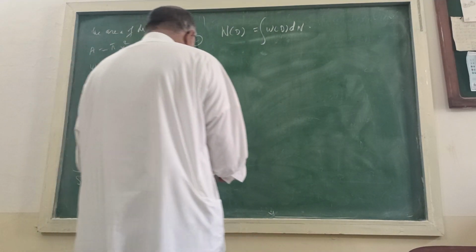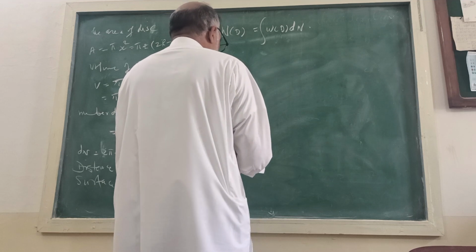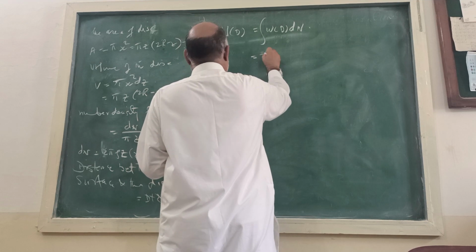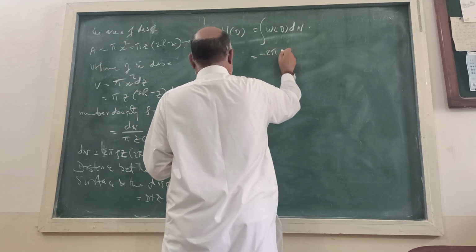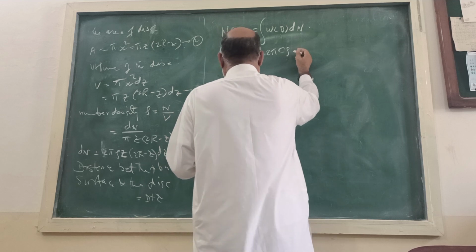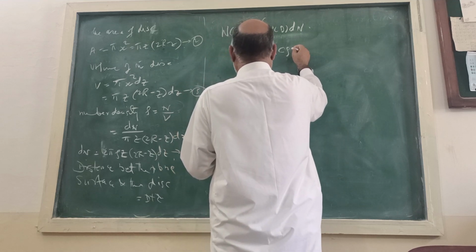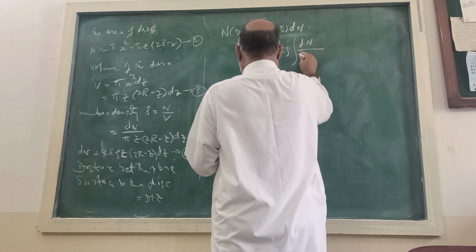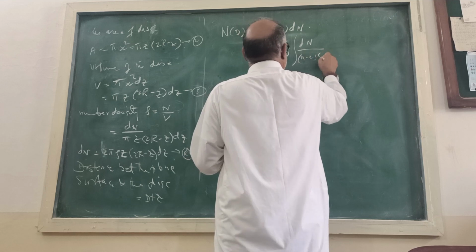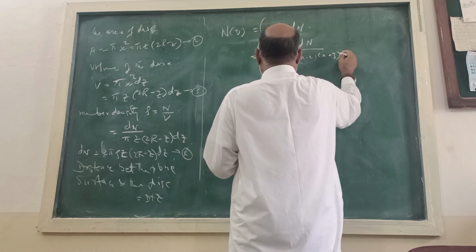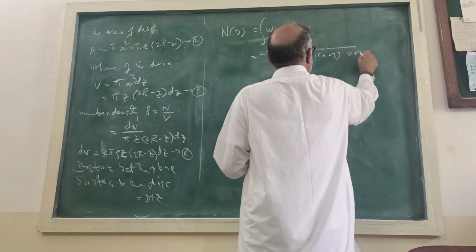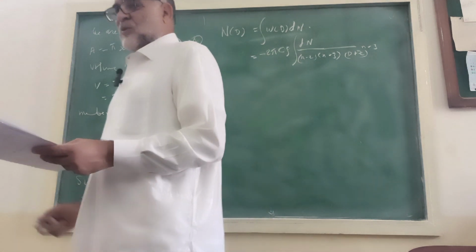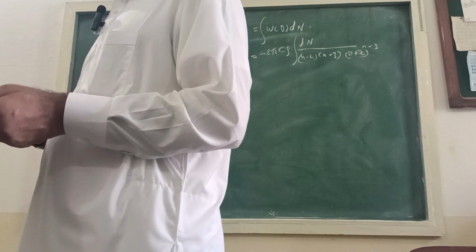So I can substitute this energy here: minus 2 pi c rho, and here d plus z to the power n minus 3, so that the separation is d plus z.